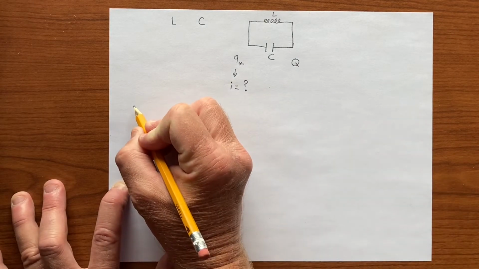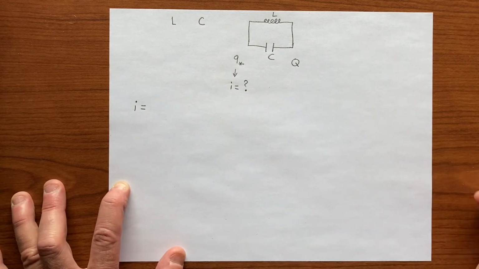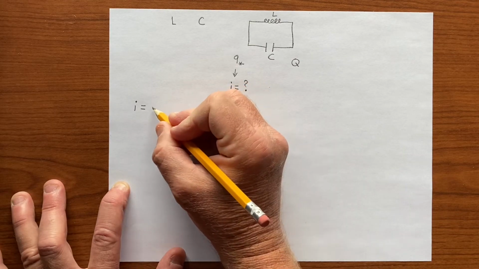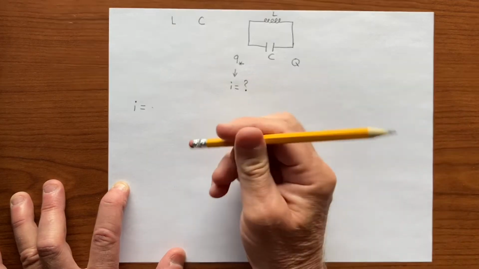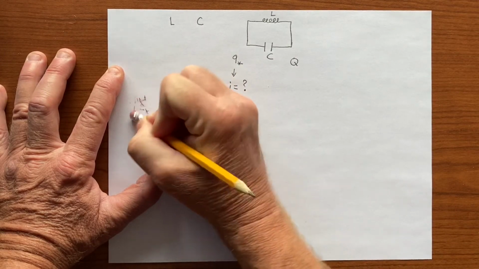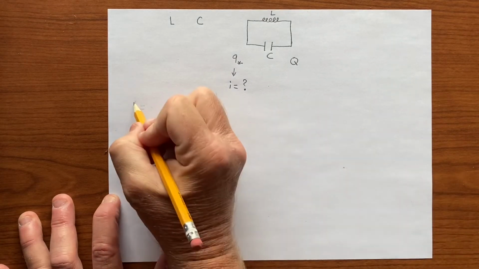So the equation for the current, let's start with the charge, because we've been given some values for the charge, and then we can get the current from a time derivative.